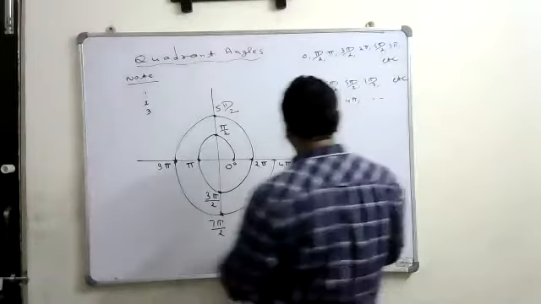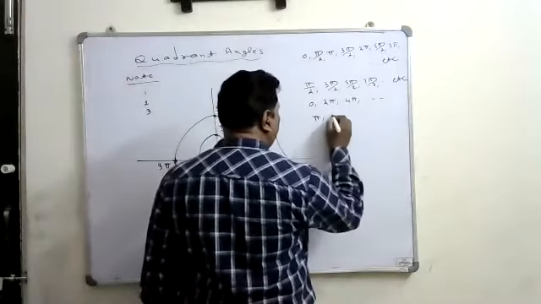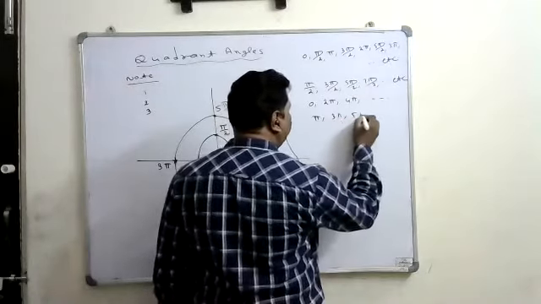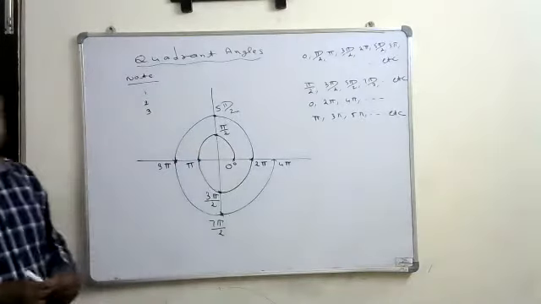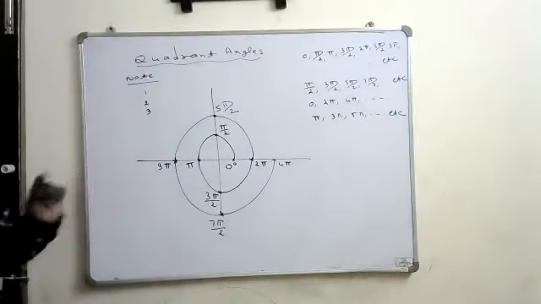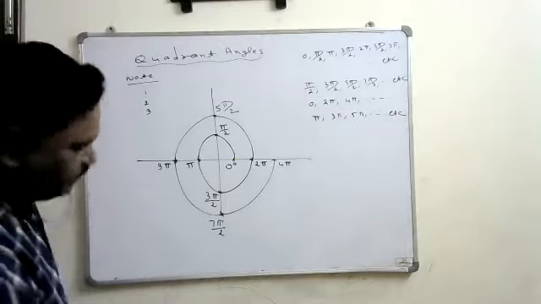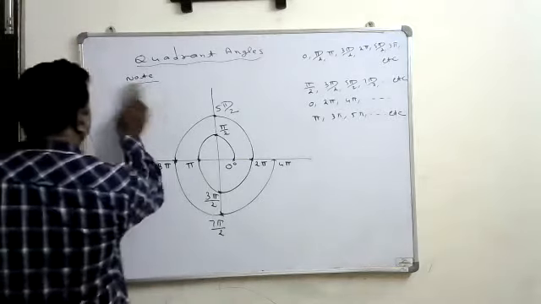That is pi, 3 pi, 5 pi, etc. Represent all these angles diagrammatically, then you can understand it better.